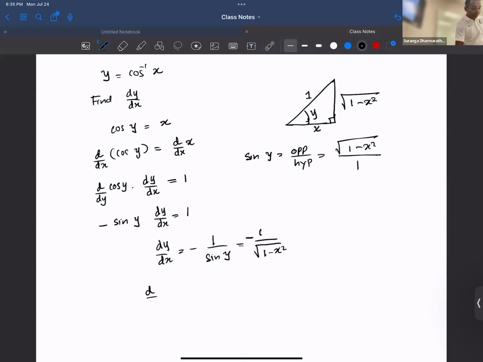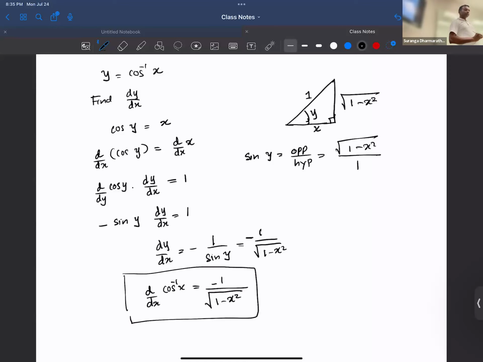Then this is equal to negative 1 over the square root of 1 minus x squared. So d over dx of cosine inverse x is equal to negative 1 over the square root of 1 minus x squared. Does that make sense?